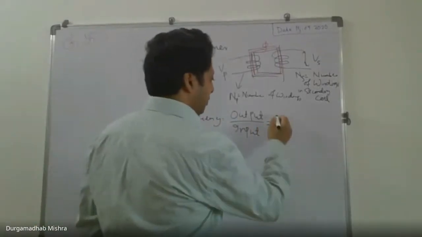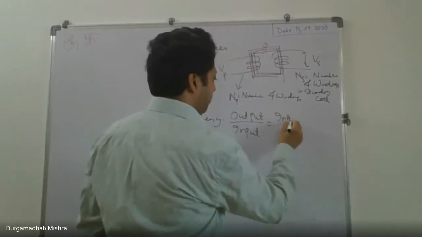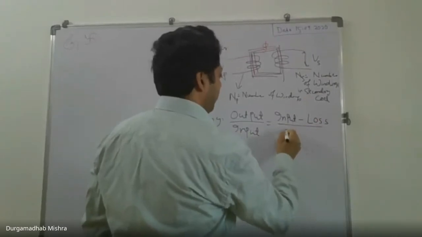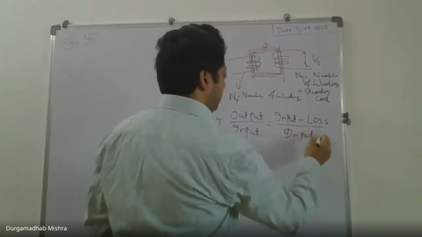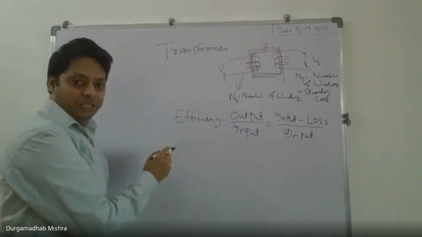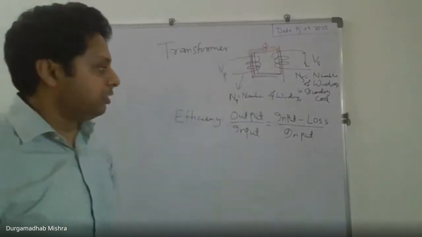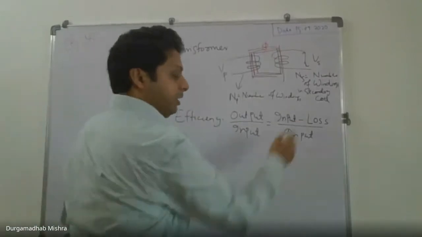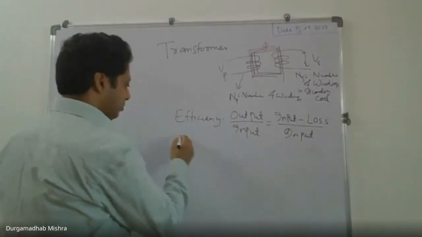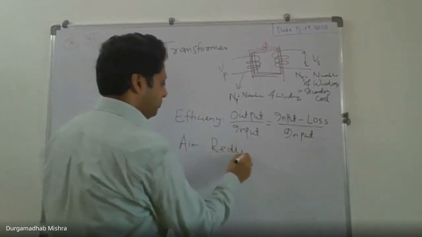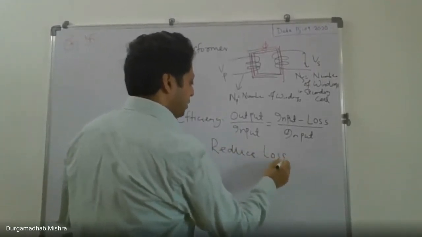You can write it as input minus loss divided by input. If you want to increase the efficiency of any device, it doesn't matter, it could be a transformer or a motor or anything, you want to reduce the loss. So the aim is to reduce the loss as much as possible.